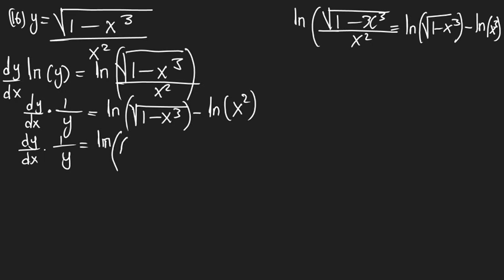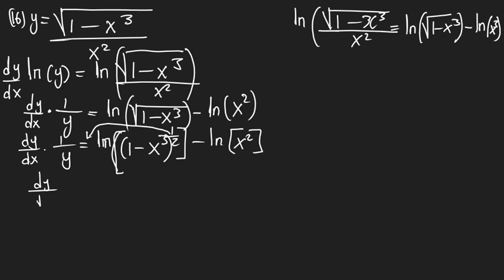So this is the same as 1 minus x to the power 3 to the power 1 over 2. So this 1 over 2 can actually come to the front because we are dealing with logarithms there.